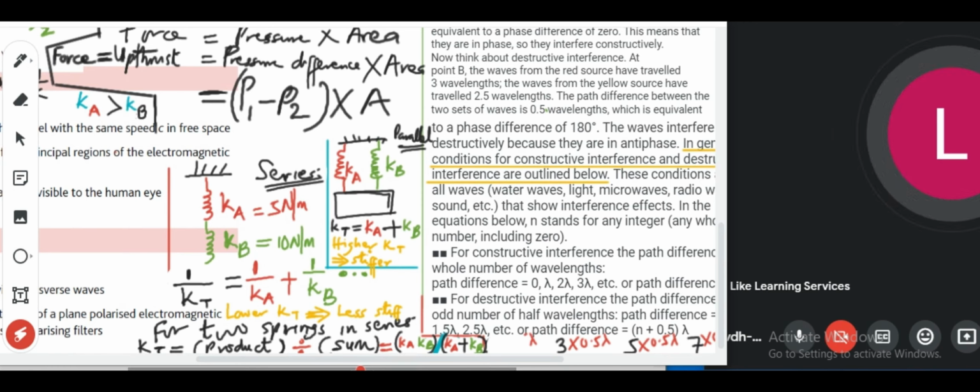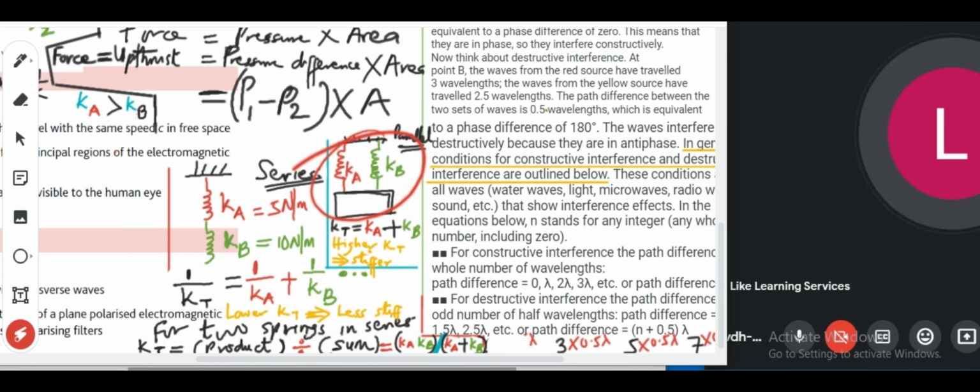In summary, in series, end to end, the total spring constant is 1 over K total equal to 1 over Ka plus 1 over Kb plus 1 over Kc plus 1 over Kd, as the case may be. Or when there are only two springs, the total spring constant is simply product over sum, or Ka times Kb all over Ka plus Kb. That's for series, and that will produce a lower total spring constant, which means less stiff.